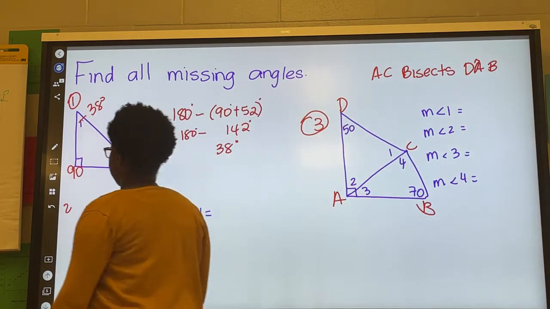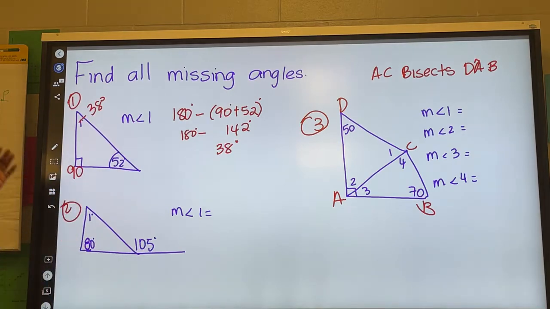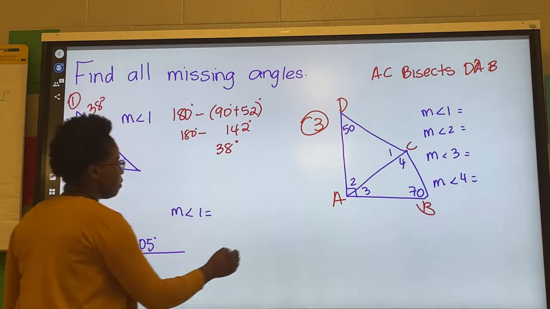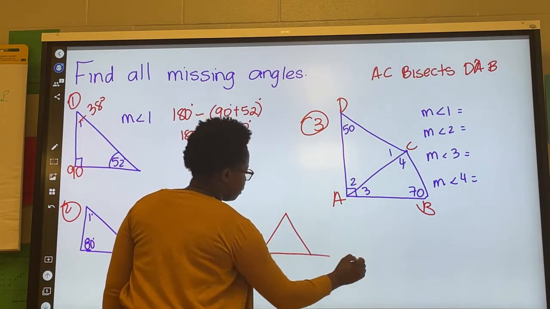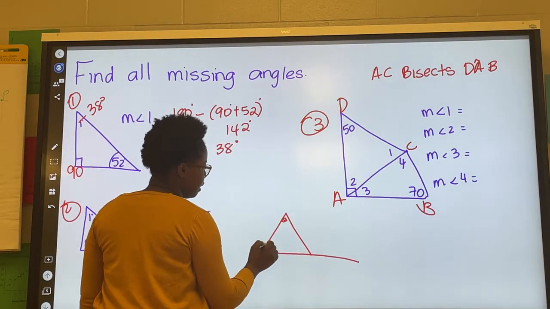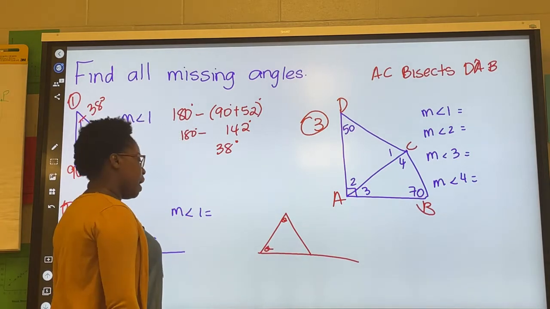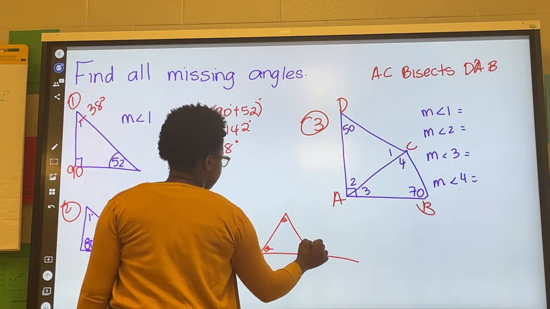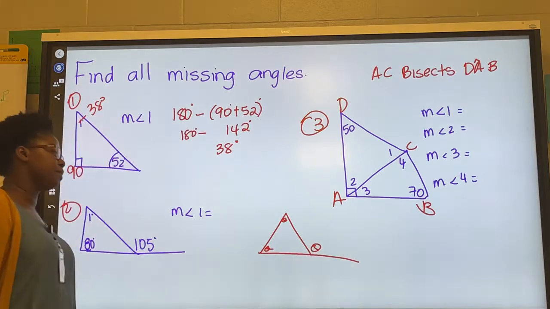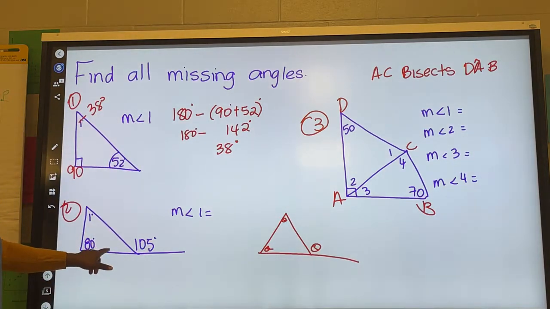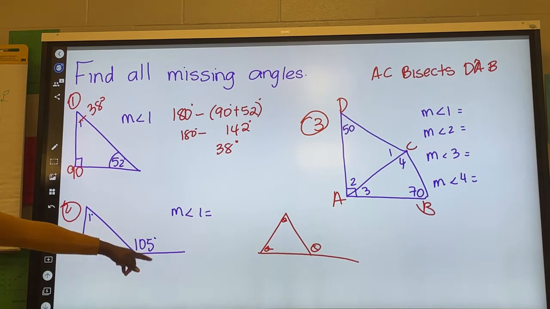For number 2, it's asking us to find the measure of angle 1. As we mentioned, for the exterior angle theorem, if we add the two non-adjacent angles, you get the one on the exterior. Here we're given one non-adjacent angle and the exterior.